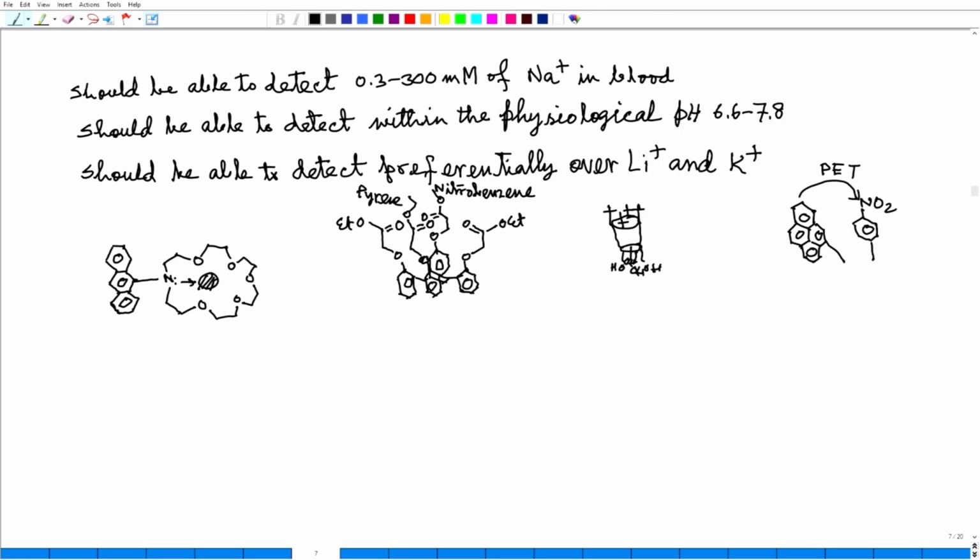You can remember this, I just made it up. PET on, fluorescence gone. So, no fluorescence. Why no fluorescence? Because it can de-excite through PET.